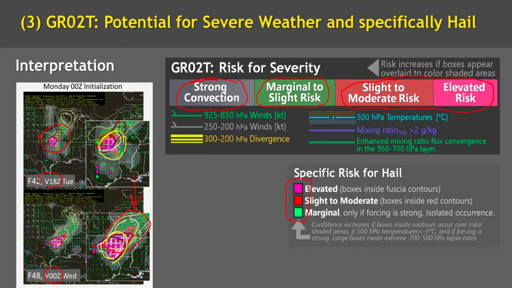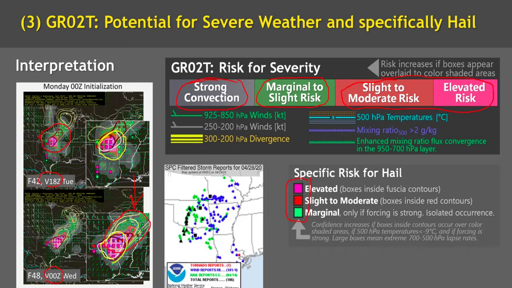And if we look at the reports from yesterday, indeed, this is the area where most of the severe weather reports were present. If you take a look at the hail reports, they occurred mostly to the west. There were some reports in Arkansas, but most of them were in Oklahoma, and this is consistent with where you see the boxes in the algorithm.